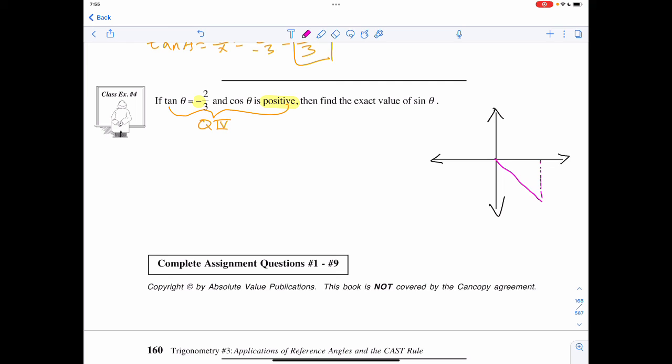We also know that tan is y over x. And in quadrant 4, y is the one that's negative. My x values are positive. So y has to be -2, which means that my x has to be +3.